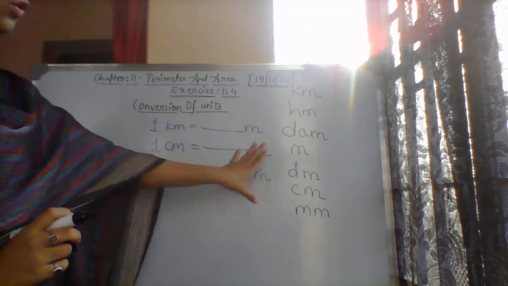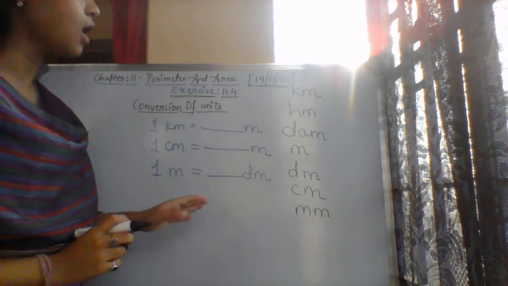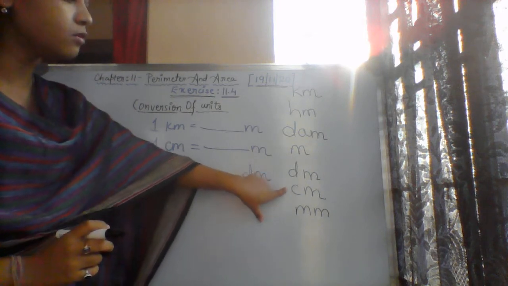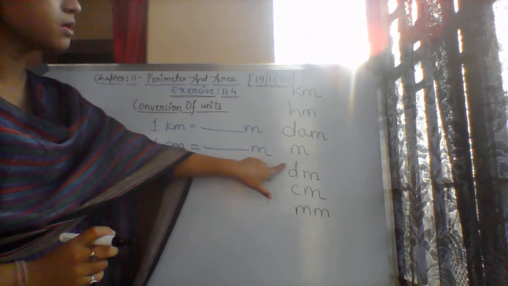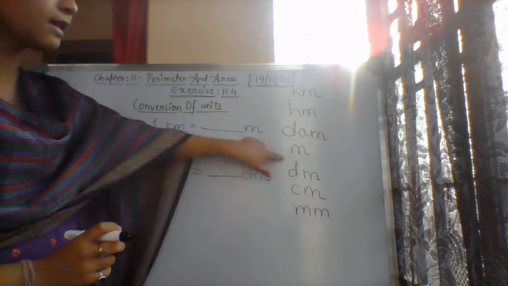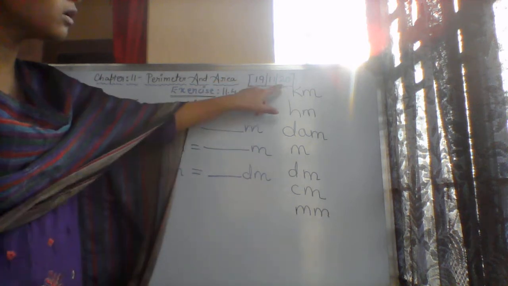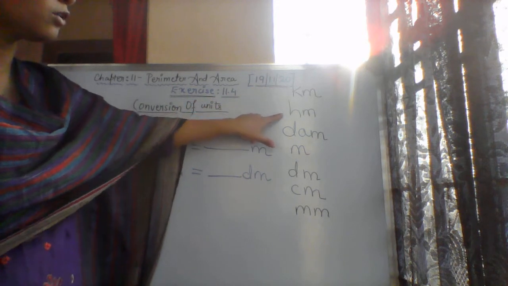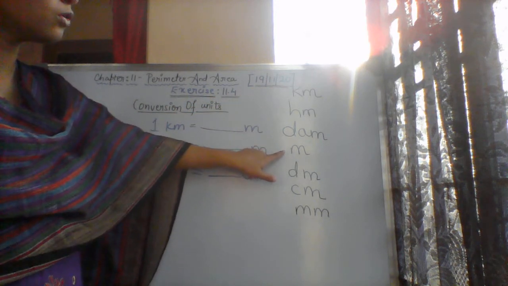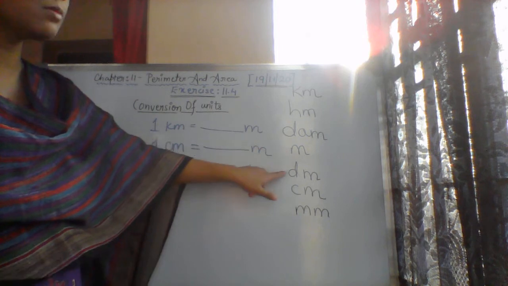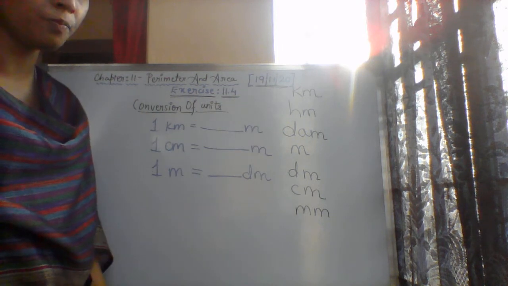So we know this sequence and we know how to convert millimeter into centimeter, centimeter into decimeter, decimeter into meter. In that way we know how to convert. Even we know how to convert kilometer into hectometer, hectometer into decameter, decameter into meter, meter into decimeter. This conversion also we know.